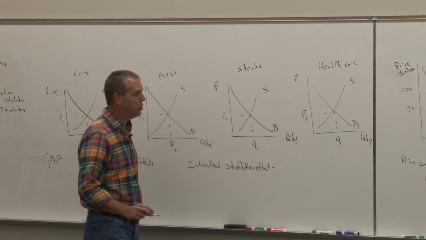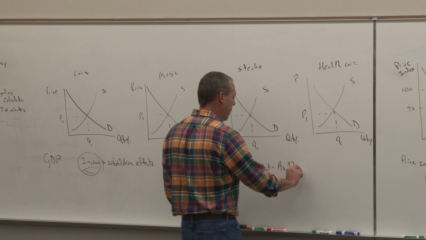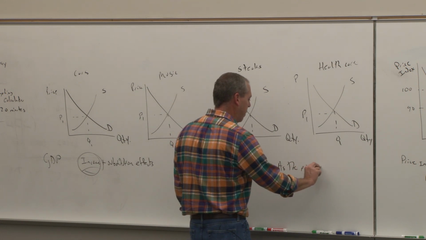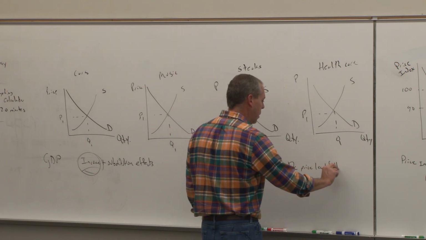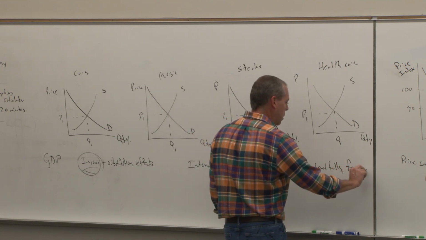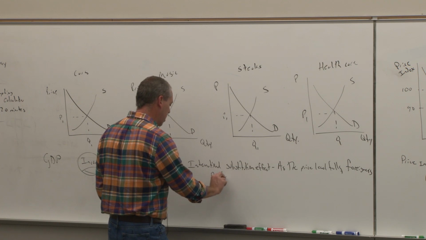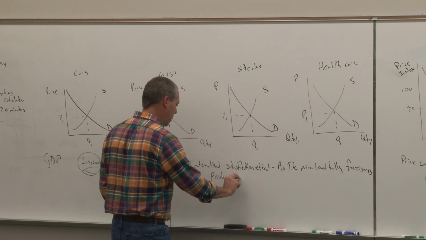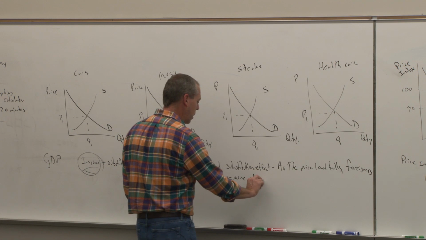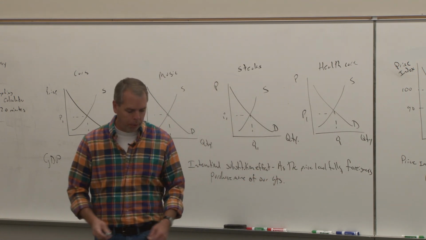So the international substitution effect here says, hey, as the price level falls, foreigners purchase more of our goods and services. And what would be changing here?